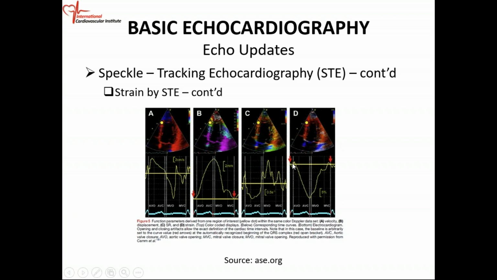In systole, the base moves up towards the apex, and in peak systole, which is about the end of the T wave, then you have maximum shortening, and then in diastole, it lengthens, and that is why you're now getting less negative, because it's lengthening. So at the beginning of systole, it shortens, so it goes down, and it becomes very negative, and then it lengthens and becomes less negative. So this is the strain curve.